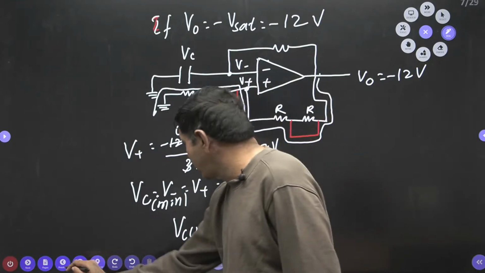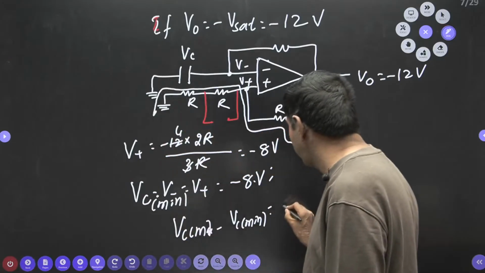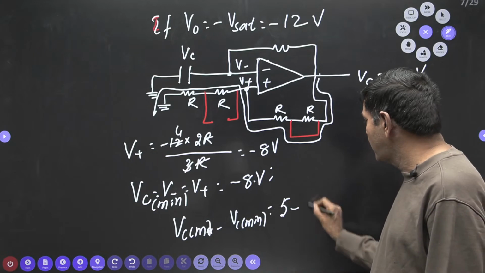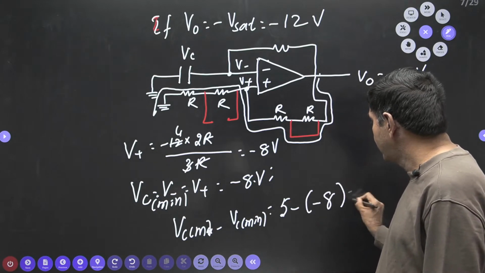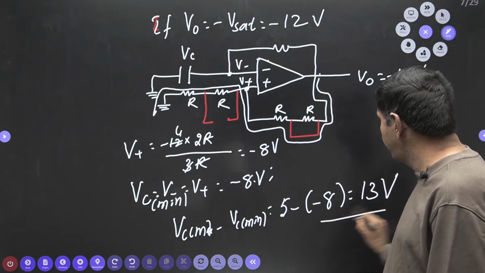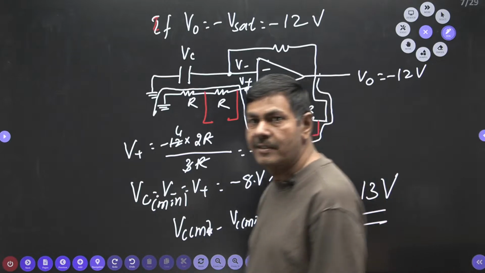VC maximum is 5 volts, we know very well. VC minimum is minus 8 volts. 8 plus 5 gives 13 volts. Finally, the difference of that voltage equals 13 volts. That is the solution for this question.